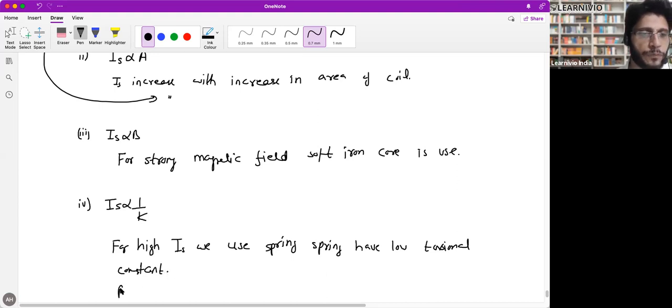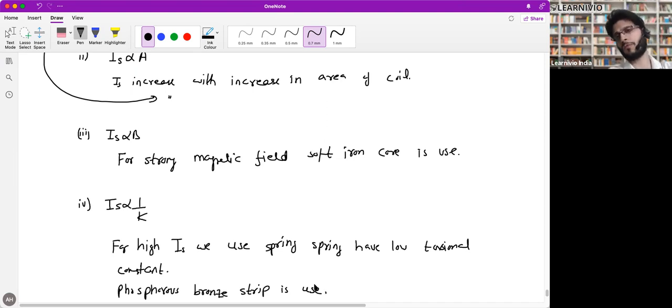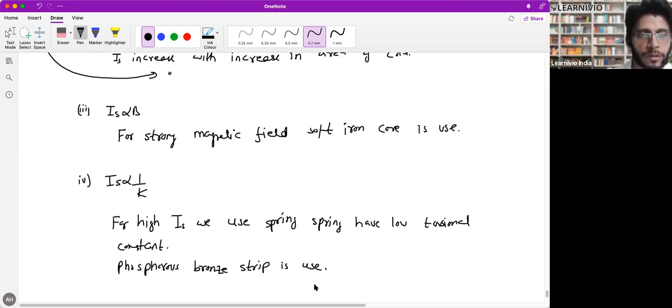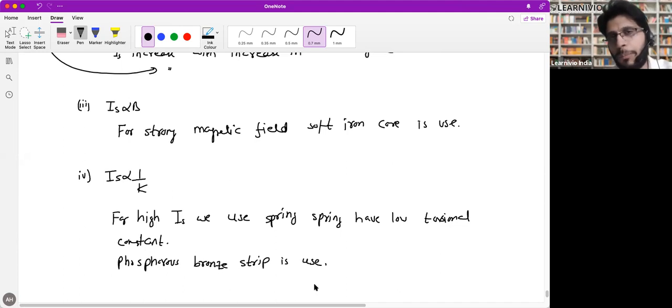So we can say that a phosphorus bronze strip can be used. We can use a strip of phosphorus and bronze. A spring made up of phosphorus and bronze has a very low value of torsional constant. If its K is very small, that means current sensitivity would be very high.